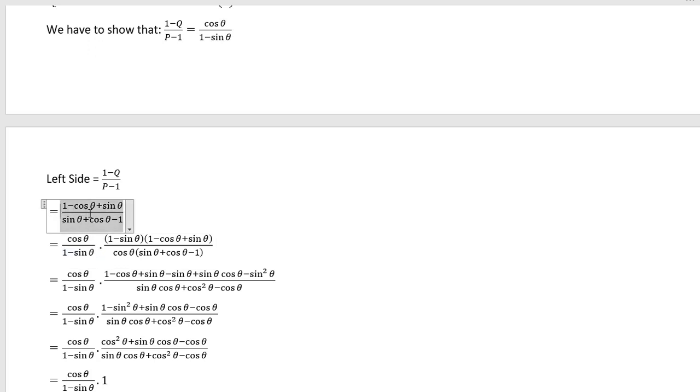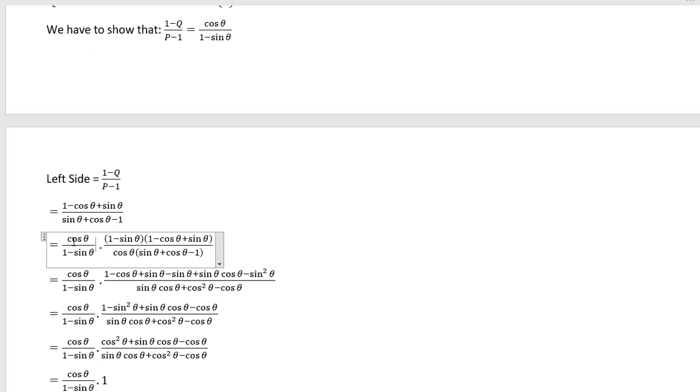You can multiply this with the left side. As you multiply this cos theta by 1 minus sin theta, you have to balance it. So you multiply 1 minus sin theta with the numerator and cos theta with the denominator. By multiplying the opposite fraction, you may balance it.